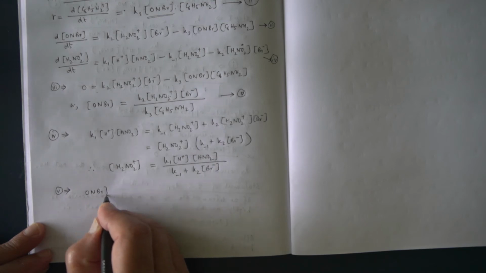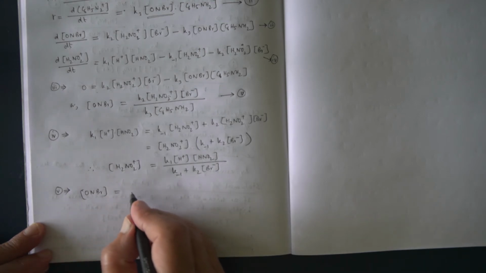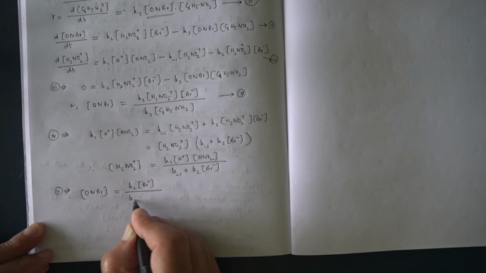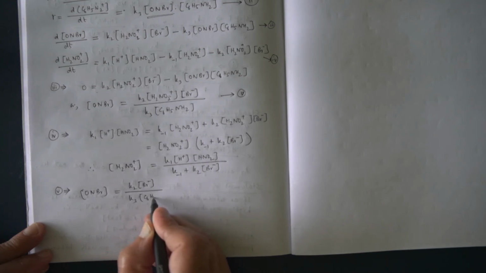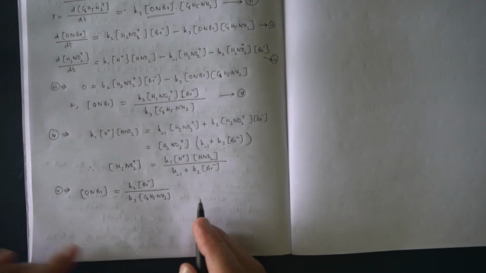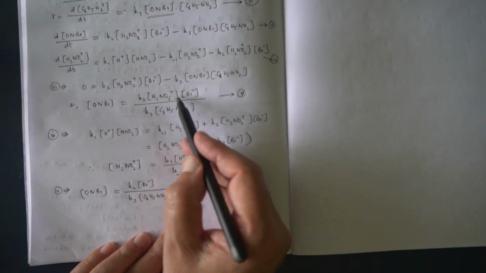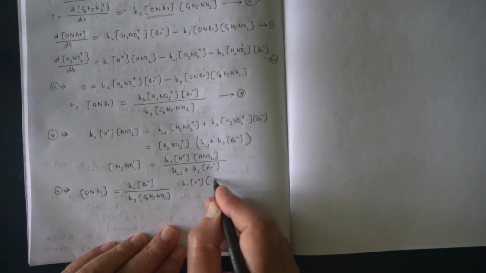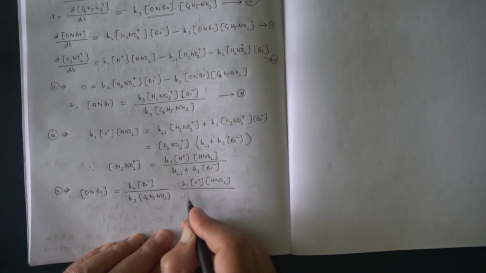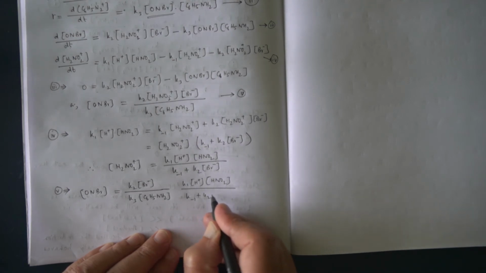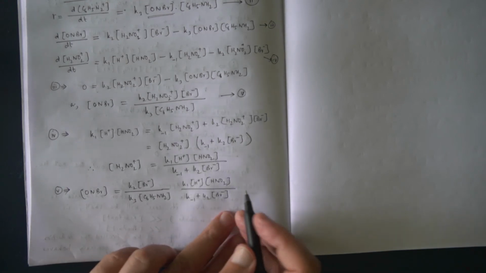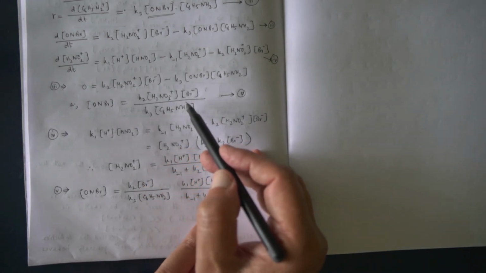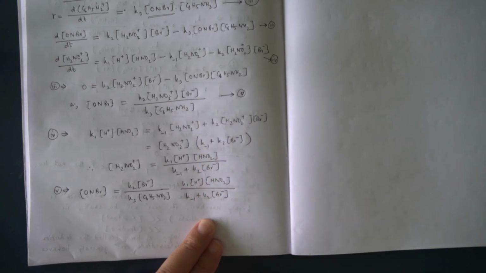[ONBr] equals K2 [Br−] over K3 [C6H5NH2], times K1 [H+][HNO2] over K−1 plus K2 [Br−]. So this is [ONBr].